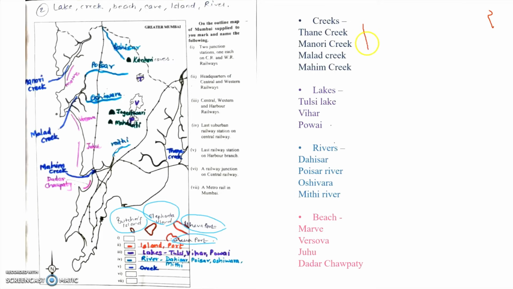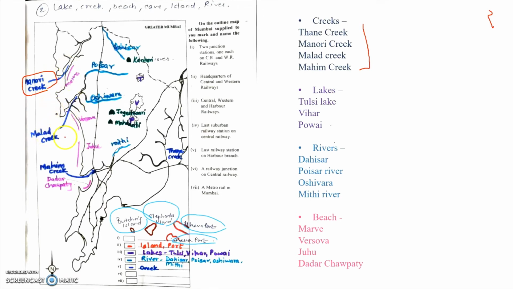Okay, so these are the names of the creeks, right? Names of the creeks: Thane Creek, Manori Creek, Malad Creek and Mahim Creek. Just learn it by heart as it is in this sequence only, because these creeks are situated on that map, or situated in Mumbai, in this sequence. Just for example, see here Manori Creek. Manori Creek comes first. The first gap is filled up with the Manori Creek.